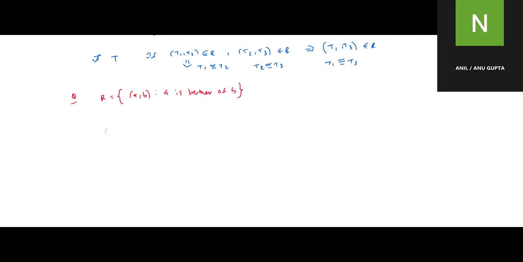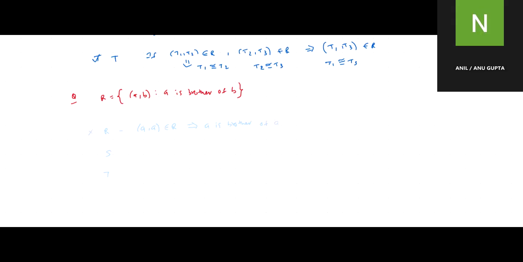Is it transitive? Reflexive है या नहीं? Reflexive means you take the same elements. Let's take (A, A) belongs to R. It true होगा? What does it mean? A is brother of A. That same A हो नहीं सकता है. So it is not reflexive, correct?